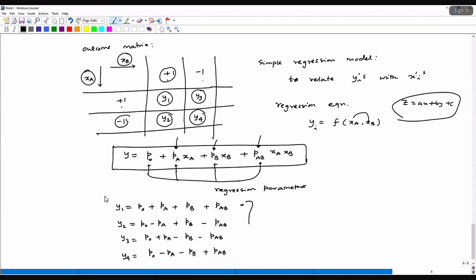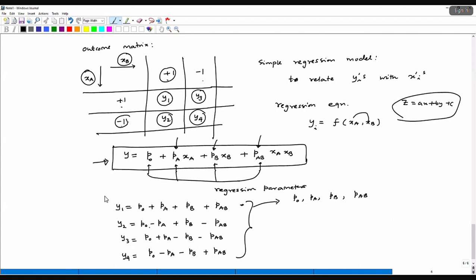So you have 4 equations and 4 unknowns. Okay, so you can easily solve for p naught, pa, pb, and pab. So you will have the model which represents the regression between the outcome and the dependent variable.